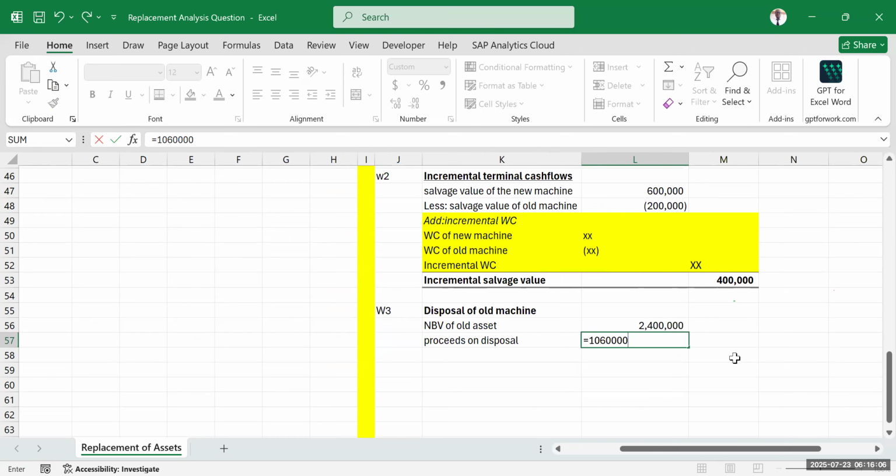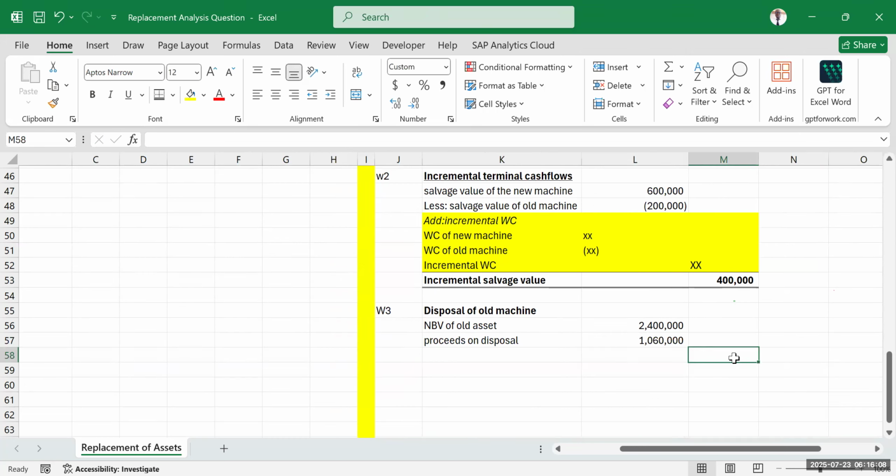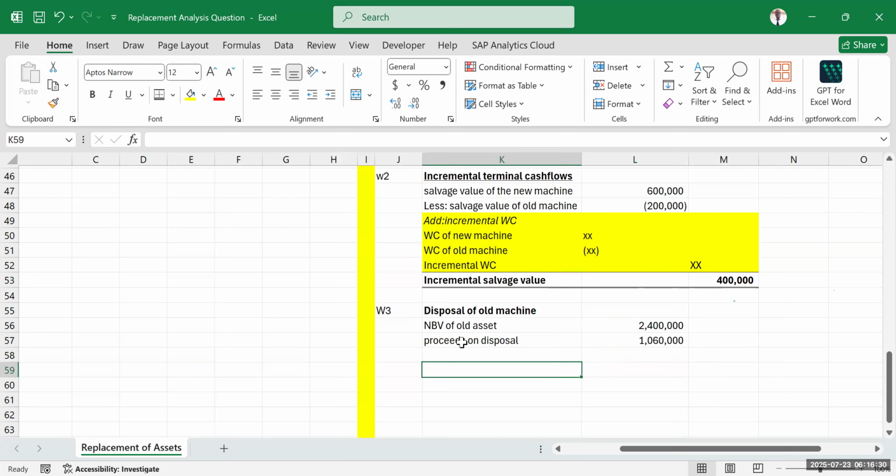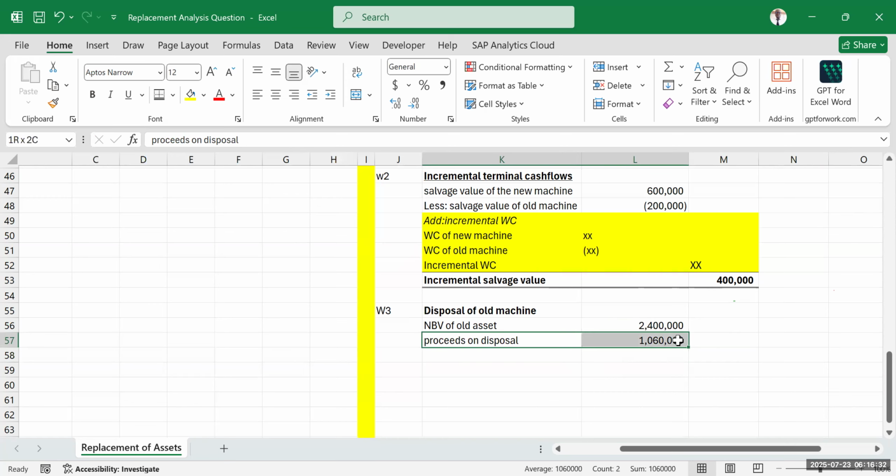Now, how do we know whether there is a loss or gain on disposal? If whatever you get when you sell it is higher than its initial net book value, then there is a gain on disposal. If what you get when you sell it is lower compared to the net book value, then you've sold at a loss. So in this case, what we are getting by selling it is only 1060, but the book value of this asset was 2.4 million.